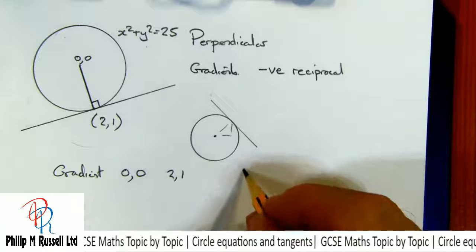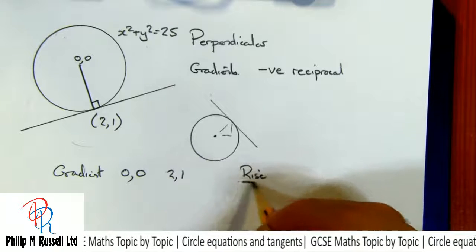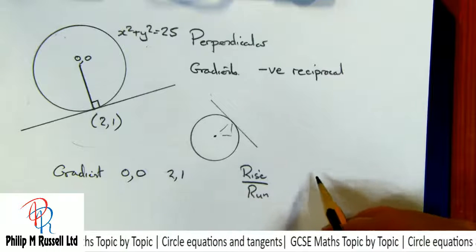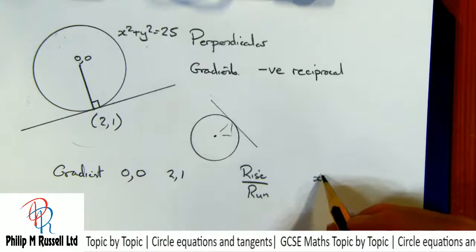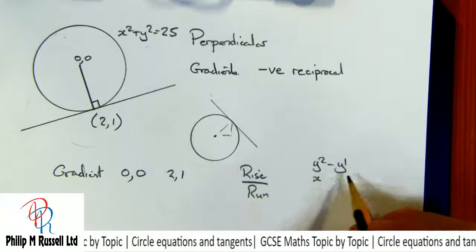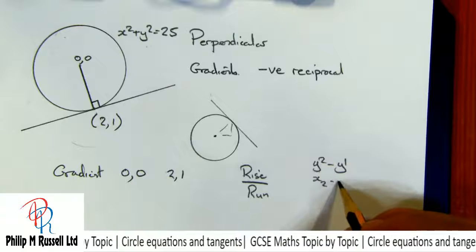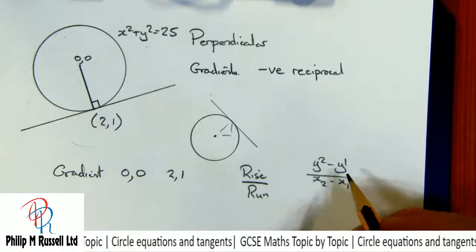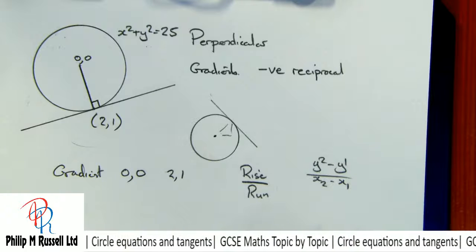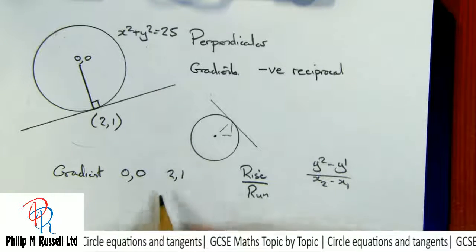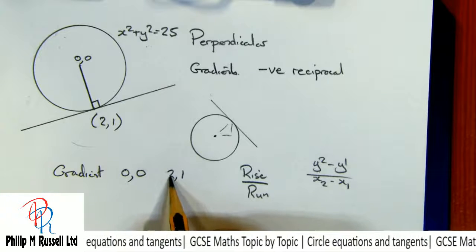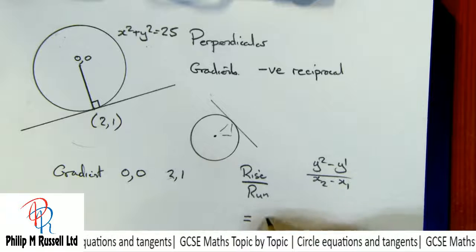The gradient is always the rise over the run. Sometimes we see this written as y2 minus y1 over x2 minus x1. So it's the rise, which is going to be 1 over 2 in this case.